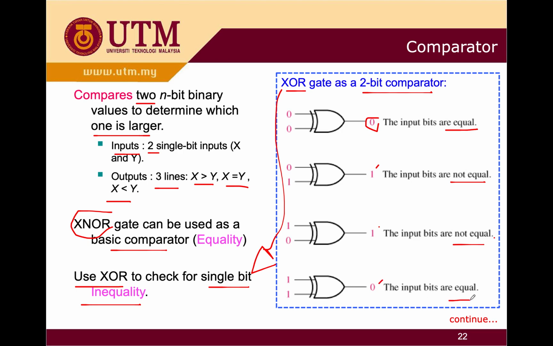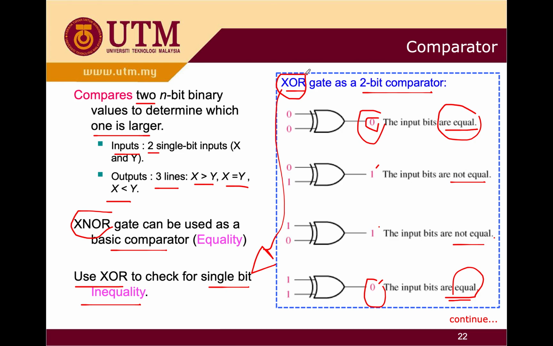So how are you going to conclude? You conclude that if the output is 0, it's equal. So you check over here, if it is 0, the two digits or two-bit numbers are equal, while if you have 1, it is not equal for the XOR.